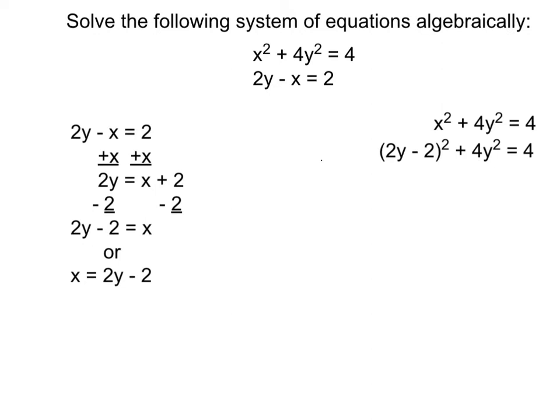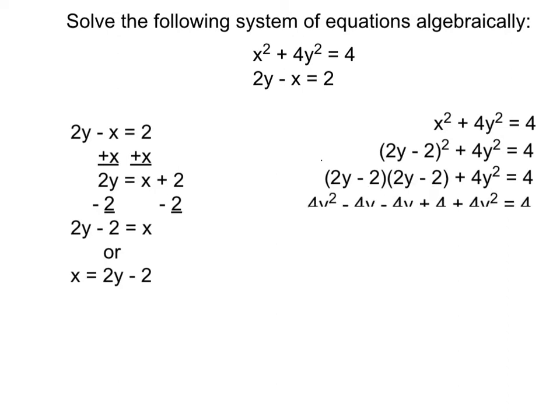So the first thing we're going to do is we're going to rewrite the 2y minus 2 squared as 2y minus 2 times 2y minus 2. And we're just going to double distribute, so we'll distribute the 2y to both terms and then the negative 2 to both terms, leaving us with 4y squared minus 4y minus 4y plus 4.